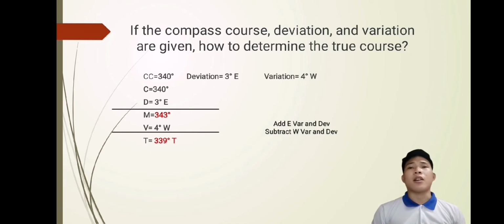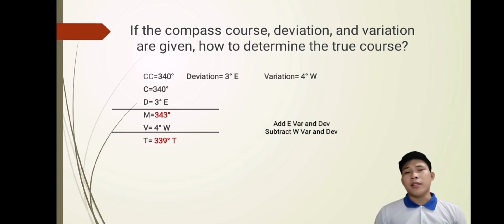Next, if the compass course, deviation, and variation are given, how do we determine the true course? We have here the given compass course of 340 degrees, deviation of 3 degrees east, and variation of 4 degrees west. The conditions are that we add east and subtract west for the variation and deviation.